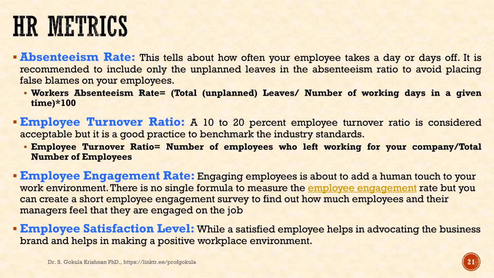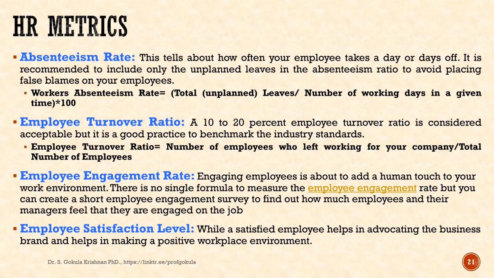And the fourth major metric is absenteeism rate, sorry, HR metrics. Absenteeism rate will tell you how often your employees take off. Okay, and I'd recommend including only unplanned leaves in the absenteeism ratio to avoid placing false blame on your employees, because sometimes people will fall sick or for some reason will not turn up to work.